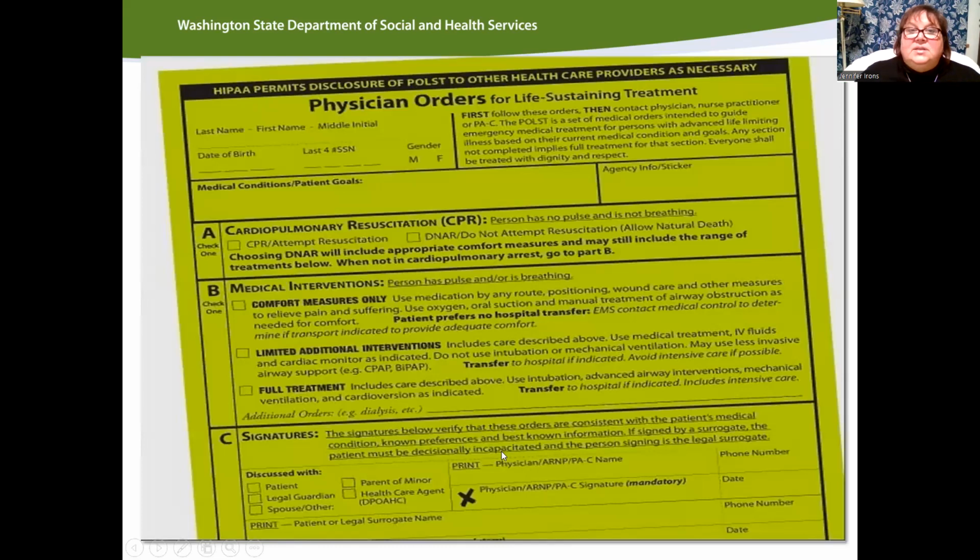And we also have to consider a physician's order for life-sustaining treatment. Does your client have one of these? Is it out on site? Do they have a DNR? So what are the legal terms that are needed within their home so that we can provide them with the support that they want and need?